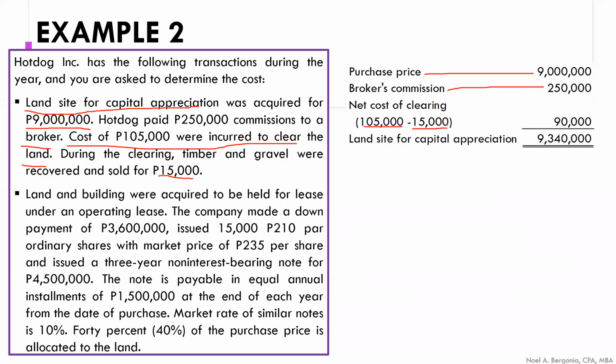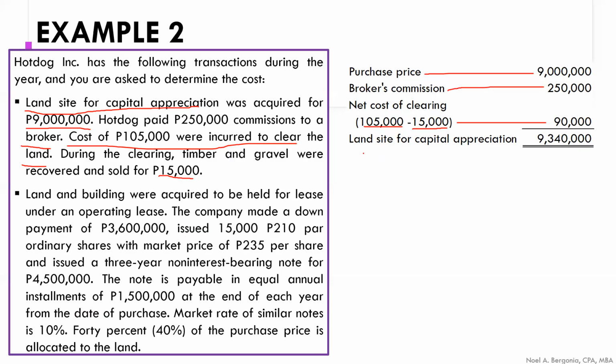So it will reduce the amount of the cost. So the net cost of clearing lang is 90,000. If you add them all, the land which should be classified as investment property will have a cost of 9,340,000. Okay, so that's the cost of the land for an investment property.